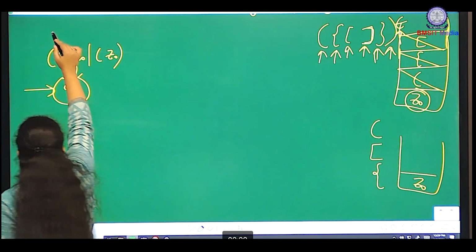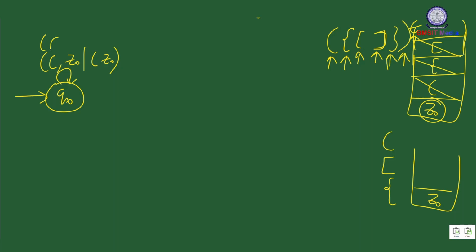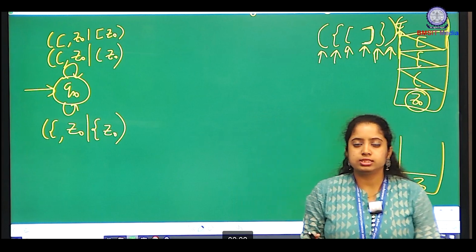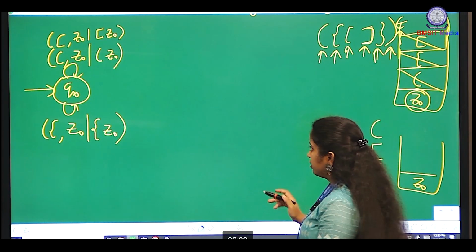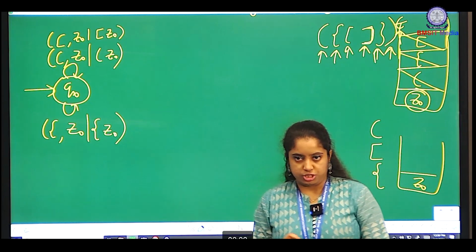Similarly for square, you simply push it onto the stack, and similarly for curly. Whichever is the first input symbol, you have to accept it. So, you have accepted using these three transitions.